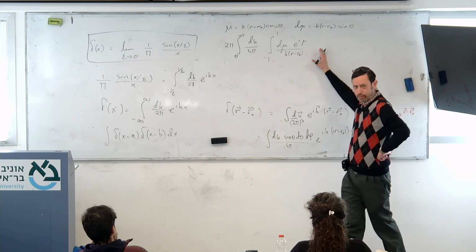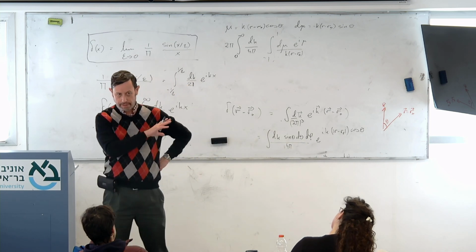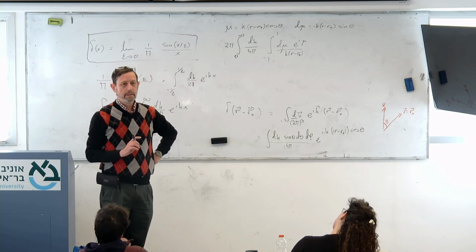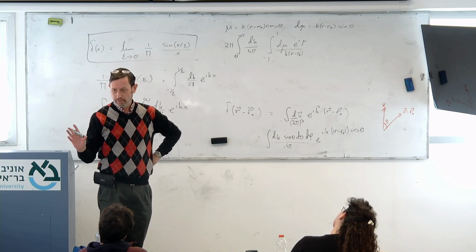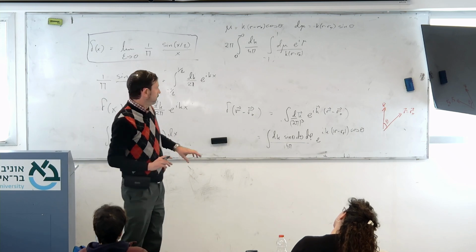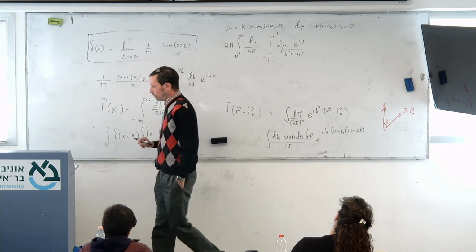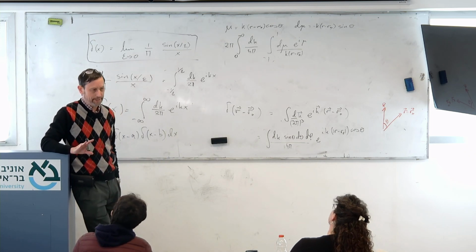Whoever wants to go a bit deeper here, as I said, it's not in my material, but you can show that you'll get a delta function also on R minus R. Okay, I don't want to continue here and confuse you further with deeper mathematics that we don't need at this point.